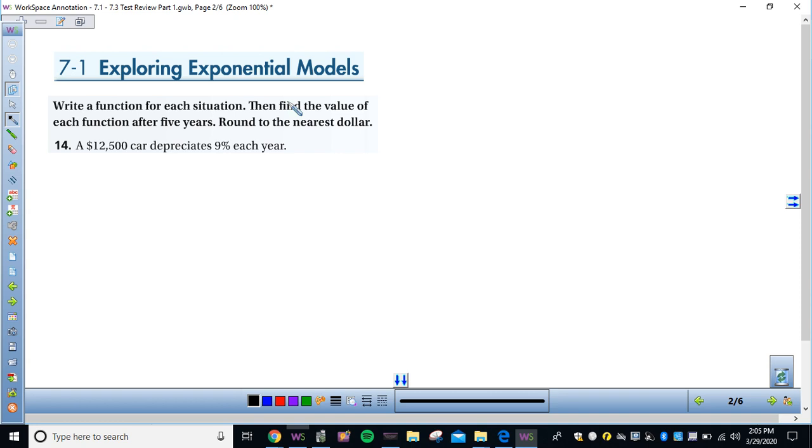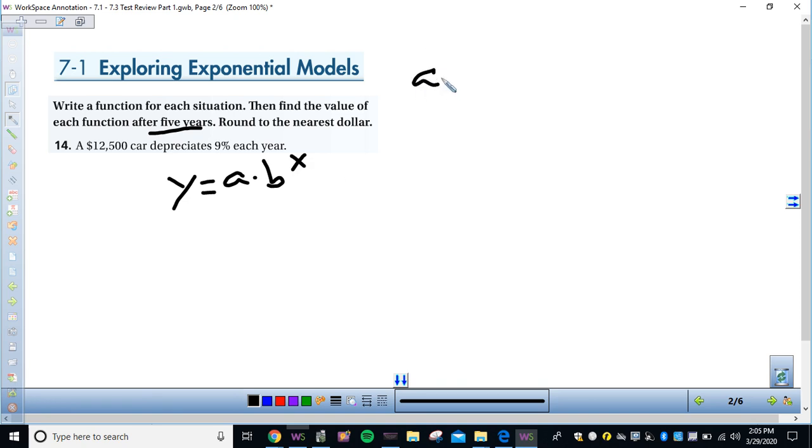Now we're still in 7.1. We're talking about exploring exponential models. We want to write a function for each situation, then find the value of each function after 5 years. We're going to round to the nearest dollar. So we have our exponential equation, y equals a times b to the x power.